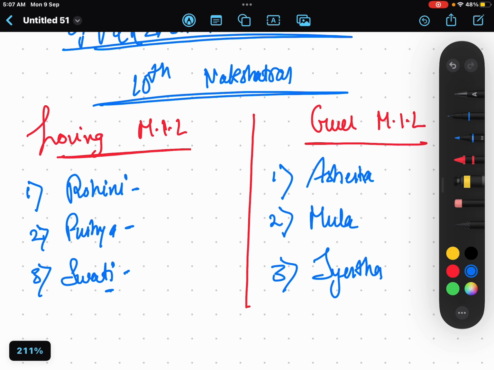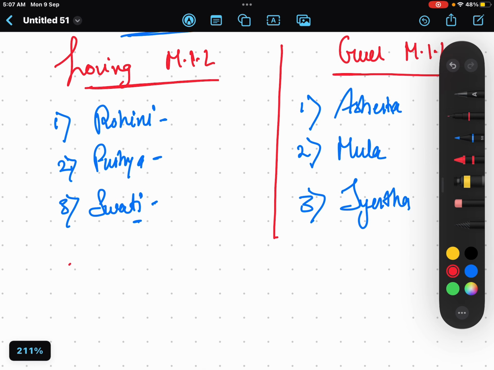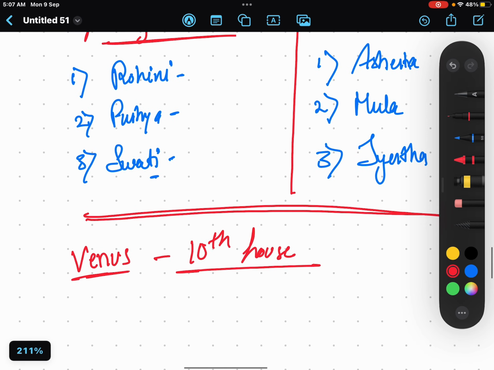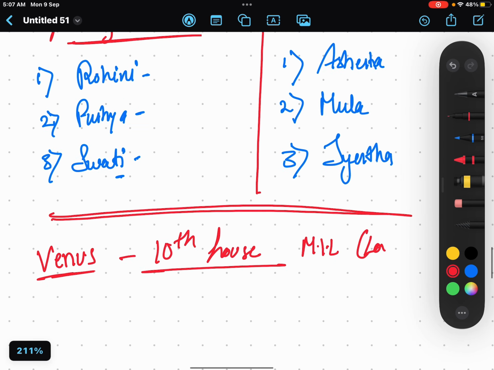One thing I want to include is Venus, because Venus also represents your spouse and your spouse's family. What I have seen is that whenever there is Venus in the 10th house or aspecting the 10th house, your mother-in-law will again be loving and caring.